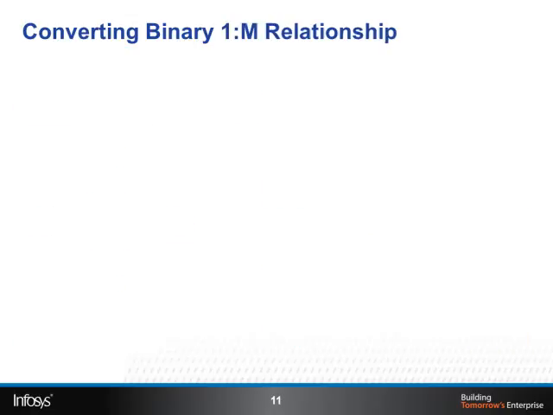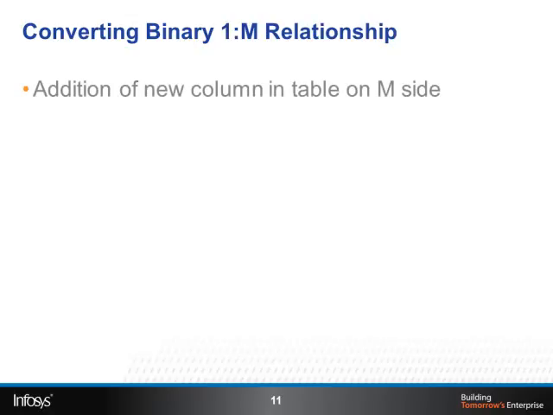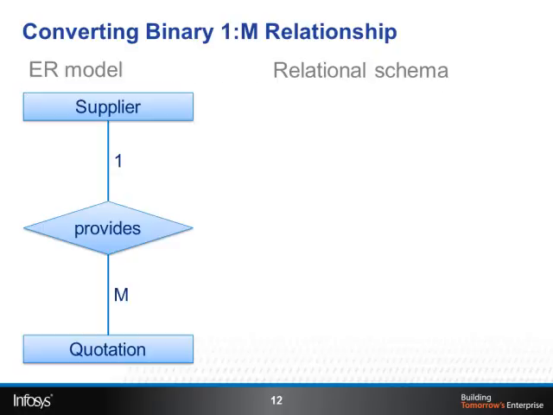When converting a binary relationship of cardinality 1:m, a new column is added to the table on the m side of the relationship. This column references the primary key of the related entity. Consider the scenario: supplier provides quotations.